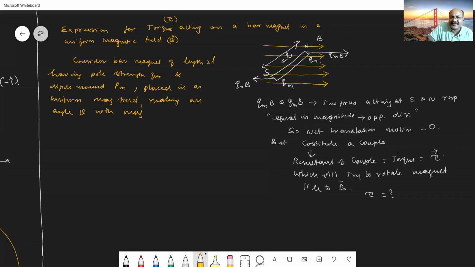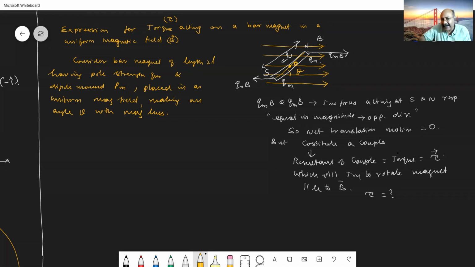I have brought everything in one step. If this is the axial line, the angle between the magnetic line and the axial line of the bar magnet is theta. Let O be the geometric center.